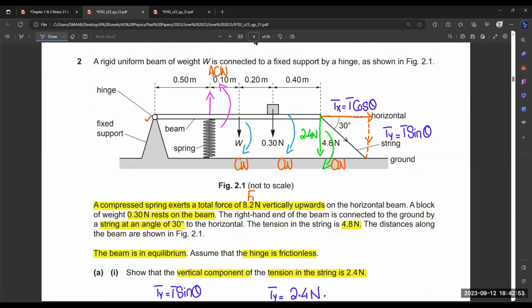Force 1 is 8.2. The moment arm, 8.2 is the force, and what will be the moment arm? The distance is going to be 0.5, because the spring is the one which is exerting.